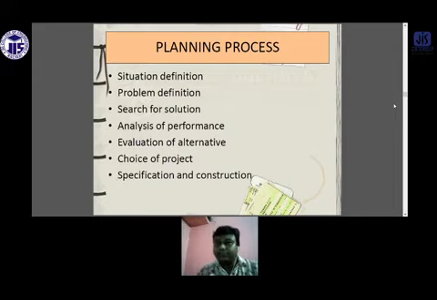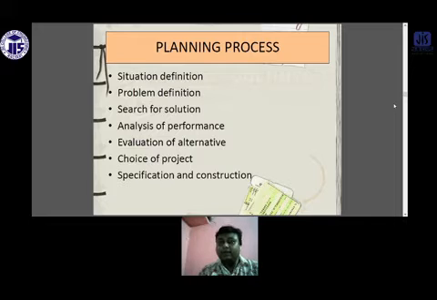The situation definition, as I said at the very beginning of this lecture, is whether we really need a planning process, and if yes, in which area or in which field we need to do some proper planning, and for that what are the various things. First, we need to understand the situation.